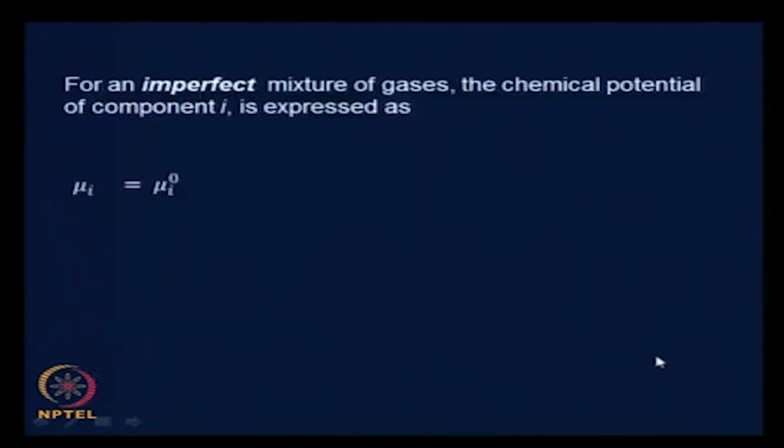For an imperfect mixture of gases, we said mu i equals mu i naught, which is still a function of temperature, plus RT ln Fi hat. Here Fi hat by Pi tends to 1 as the total pressure tends to 0. So, these were the two hypothetical substances, perfect gas mixtures and imperfect gas mixtures, which are defined this way.